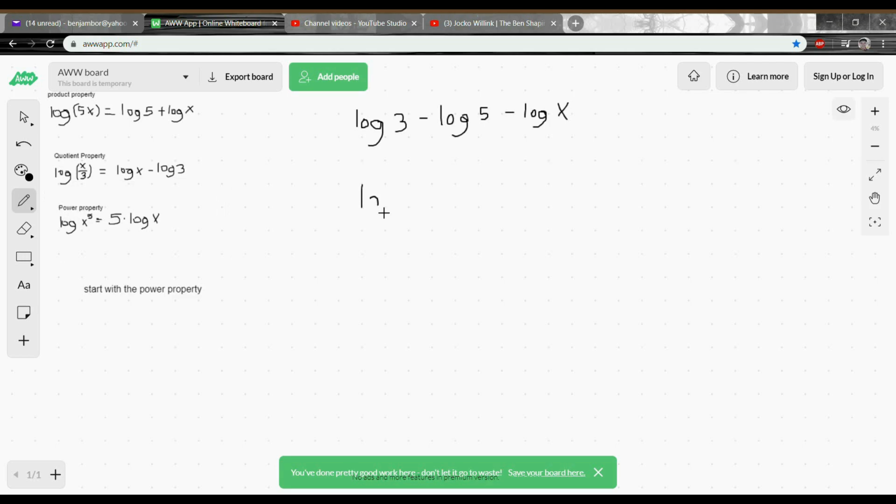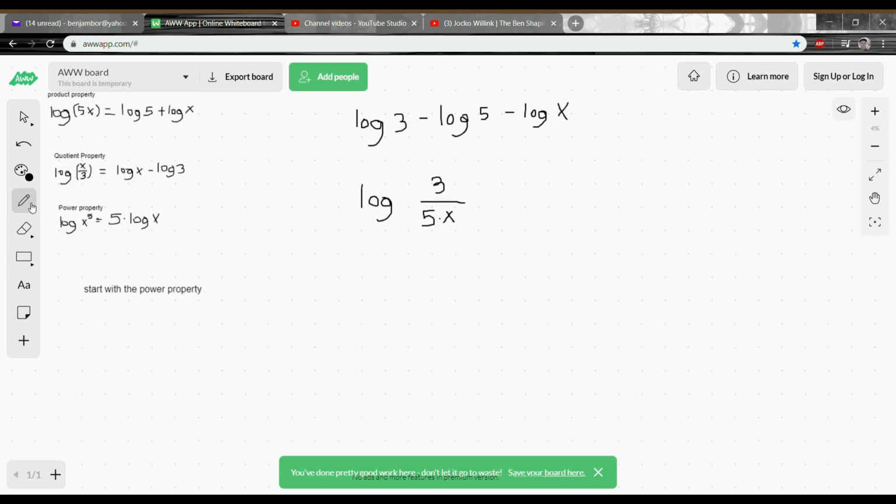So let's write the logarithm, and we'll draw a little division bar here, and pick out all of our positive factors. We have a positive log 3, the only positive factor, so we put it on top. Now we have a negative log 5, so we put that as a factor in the bottom. We have a negative log x, so we put that in the bottom too. And now we have combined steps to arrive at an answer faster.